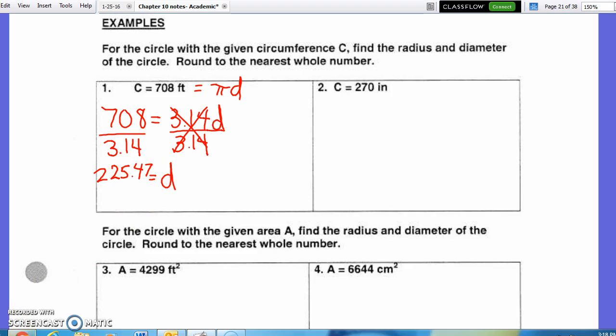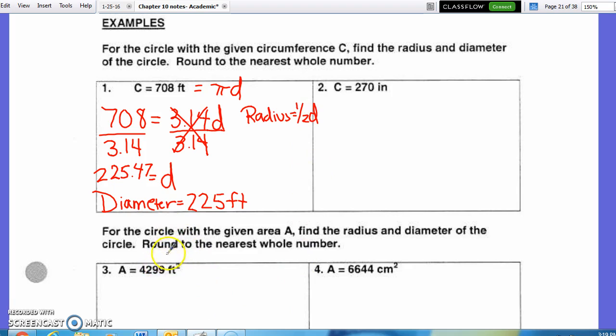for my diameter. I'm going to round to the nearest whole number. So my diameter is equal to 225 feet. Don't forget your labels. Now to find the radius, my radius is equal to half of my diameter.